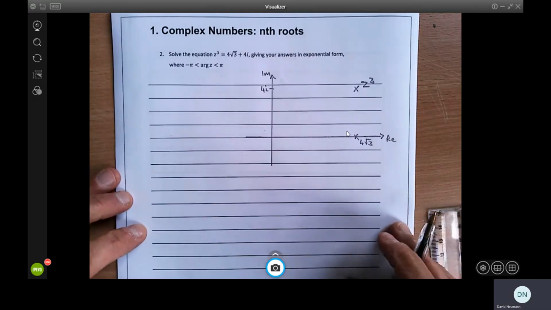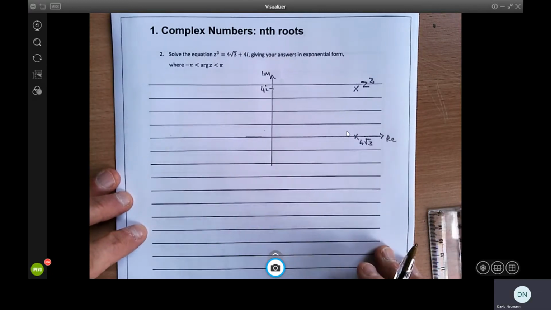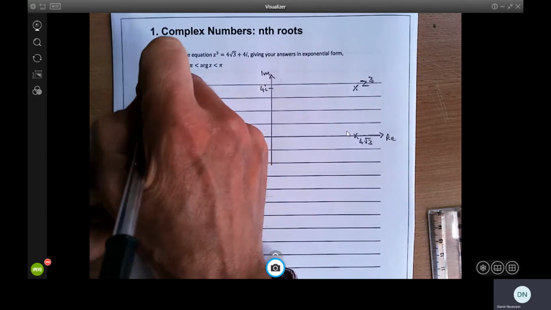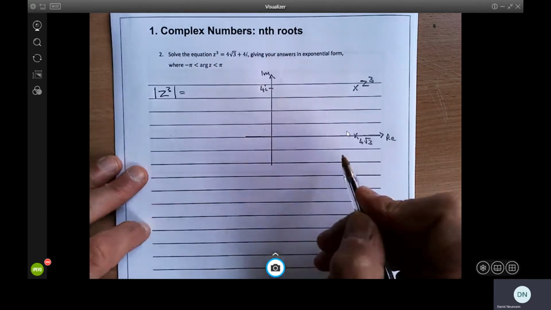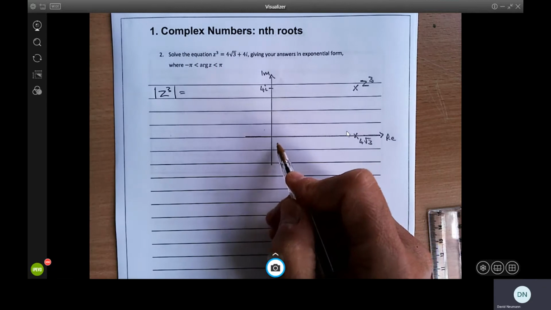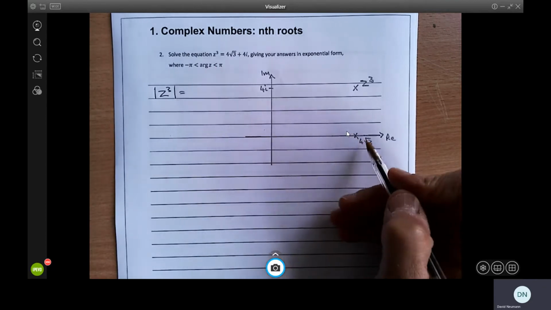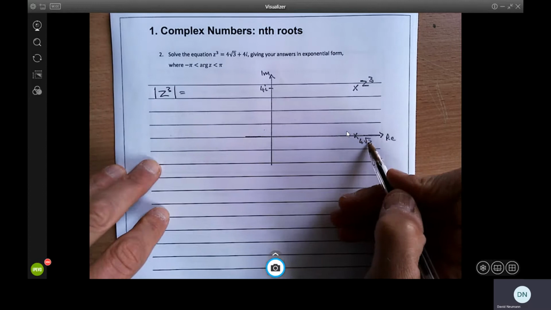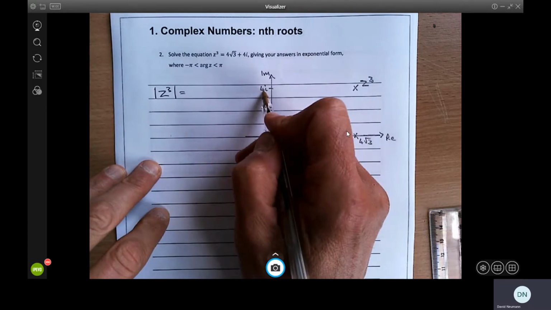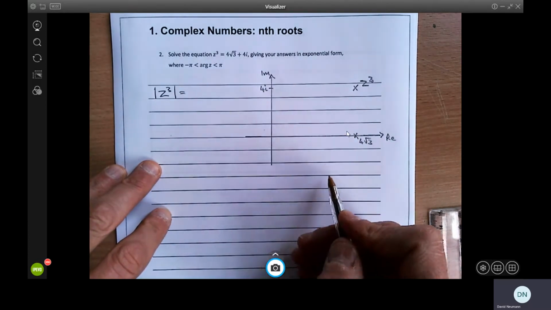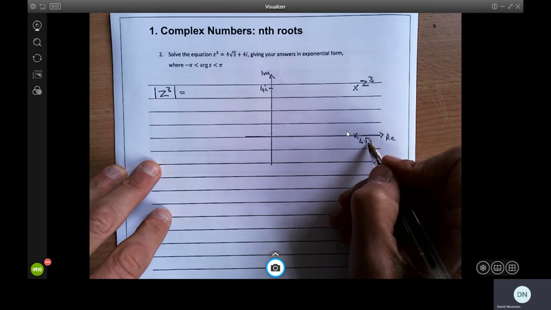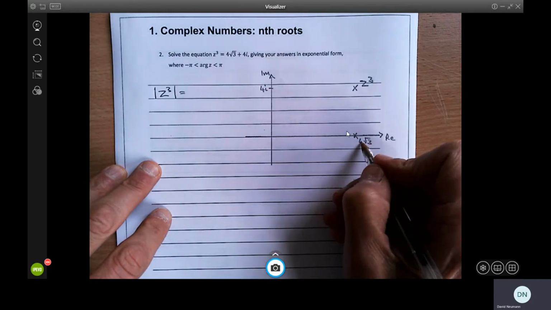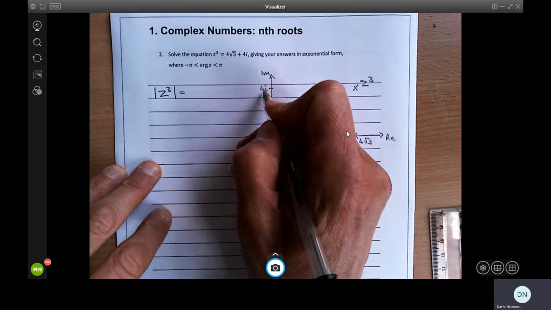Now, what we're going to do is work out the modulus of z cubed. So modulus of z cubed is equal to, well, we need to find 4 root 3 squared plus 4 squared, and then take the square root of it. Well, 4 root 3 squared is just going to be 3 times 4 squared, then plus 1 times 4 squared.